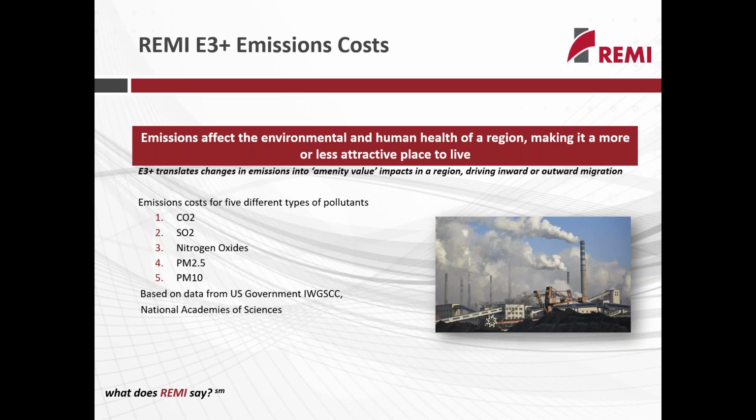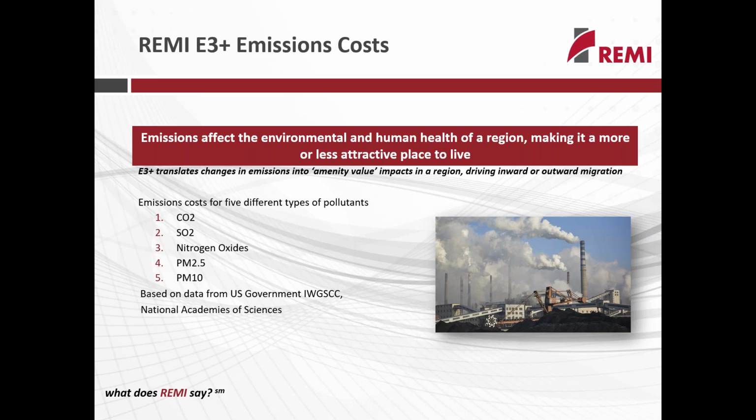So next up for E3 Plus, we have the emissions cost module. This will basically take the monetized value of health incidents or environmental quality or everything else related to chemical emissions and put a number value on how much quality of life gets affected by these emissions.